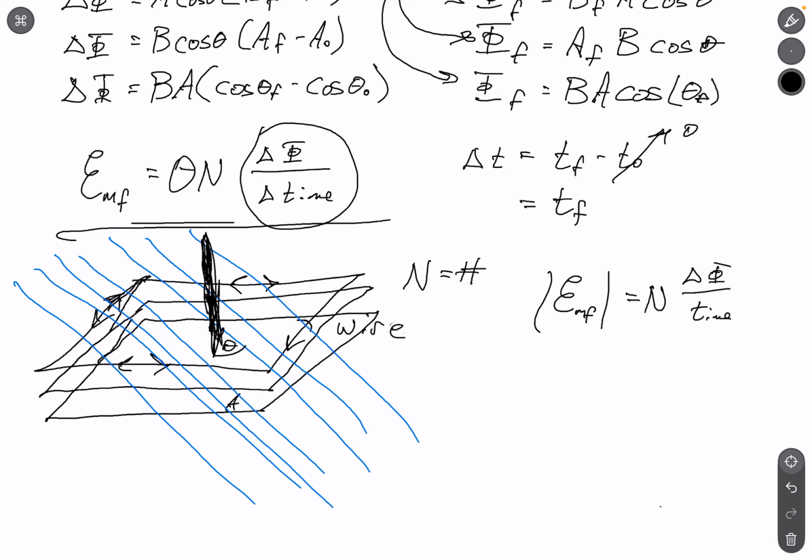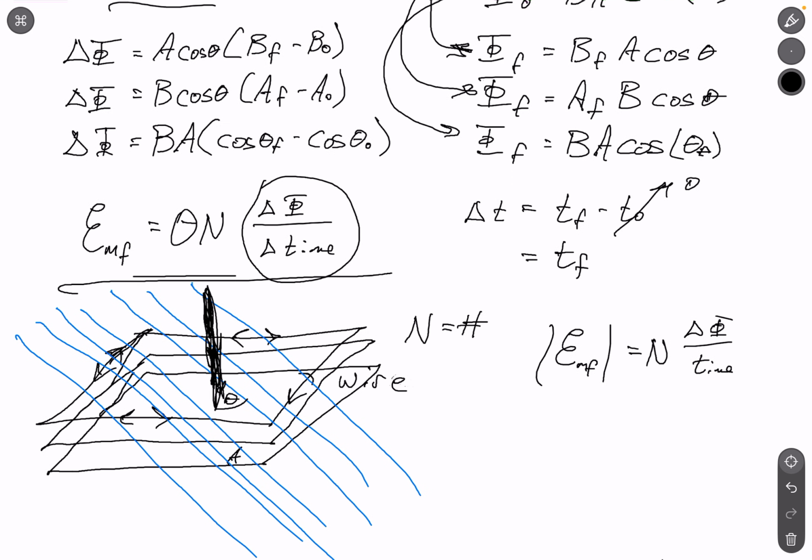Great. Now, what direction is the EMF driving our current? This is where we say, okay, Lenz's law has to happen. All right, so let's scroll down just a little bit and talk about different cases. All right, in the case that I've drawn, nothing is changing except for this B field.